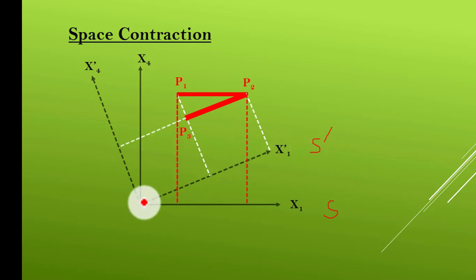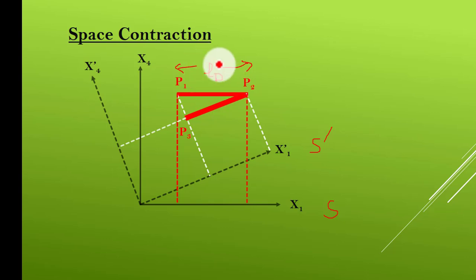So these are the two frames of reference, and let us consider a rod, and suppose this rod has length L naught. We are denoting it as its proper length. Suppose we have a rod P1 P2, and its length in the S frame of reference is L naught.